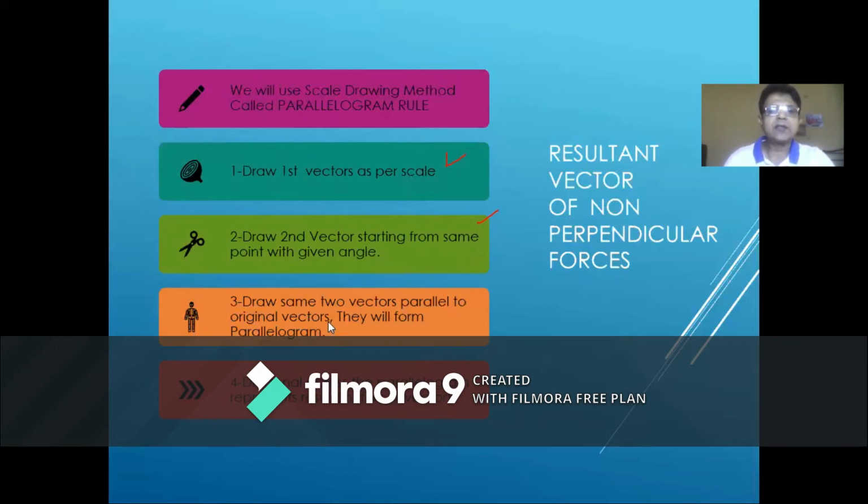Number 3, draw the same two vectors which are parallel to the original vectors. They will form a parallelogram. And the last, the diagonal across the parallelogram represents the resultant force or resultant vector.